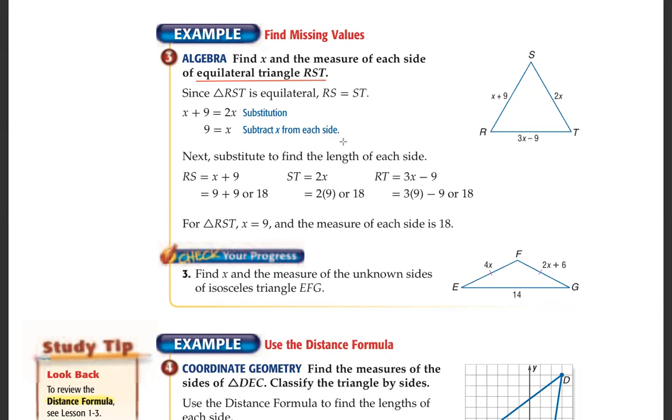Since triangle RST is equilateral, we can say that RS is equal to ST. But not only that, we can also say RT is equal to ST, or RT is equal to RS. So if it's equilateral, you have 3 options.